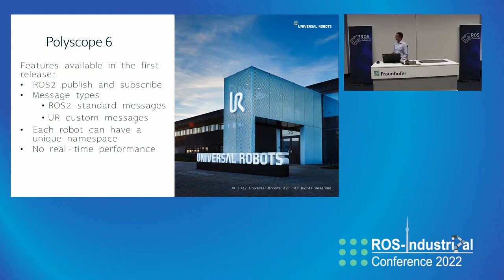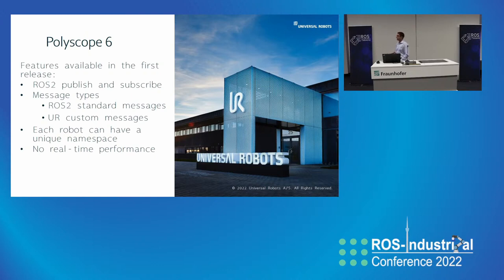PolyScope is the name of our GUI software, and we are planning to introduce PolyScope version 6. Right now we are on version 5. This will be a major release, and a few breaking changes will be introduced there. But the ROS that will be available there will be able to use the publish and subscribe functions directly from URScript.